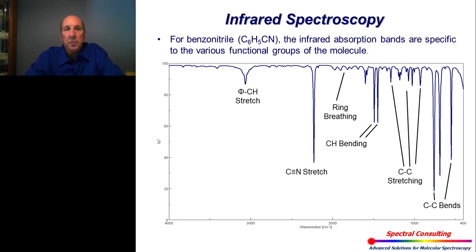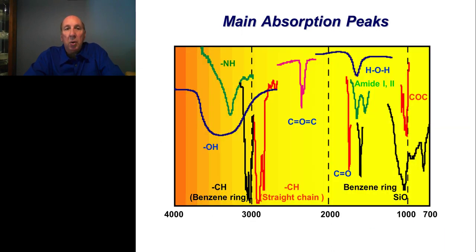So as I said before, every time we look at a molecule, we get different absorption modes or absorption peaks based on the different functional groups present in the molecule. One thing to note is that benzene ring CH stretches are generally above 3,000 wave numbers, and the aliphatic or straight chain CH stretches are below 3,000 wave numbers.